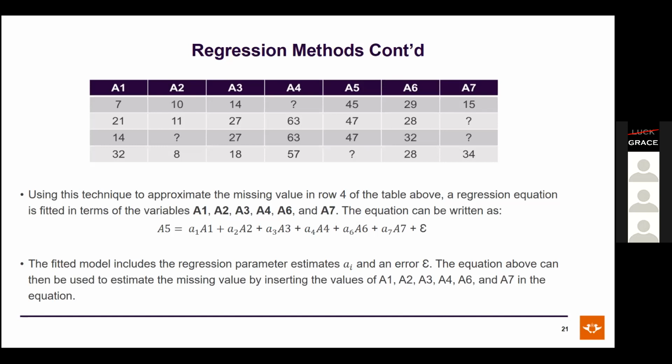Now, if we look at row 3, which has 14, 27, 63, 47, and 32, A2 is missing and A7 is missing. So we'll come up with a regression equation for A2, which has A1, A3, A4, A5, A6. And we'll also come up with a regression equation for A7, which has the available information, plus the error, of course.